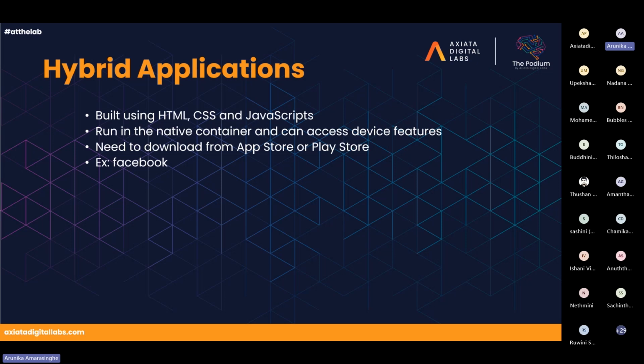These hybrid applications are built using technologies like HTML, CSS, and JavaScript, and you have to download them from either the App Store or Play Store. For example, Facebook and Gmail, and there are so many hybrid applications in the world. That is the main basic idea, an introduction about the types of applications and operating systems.